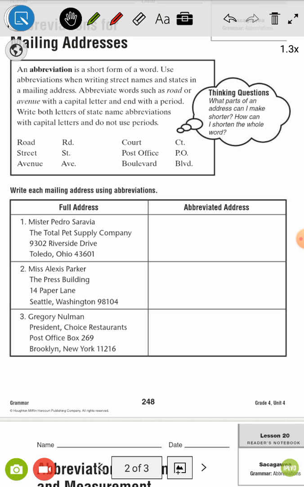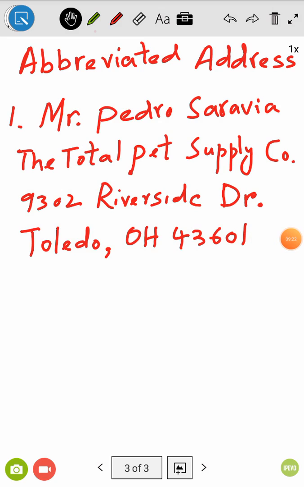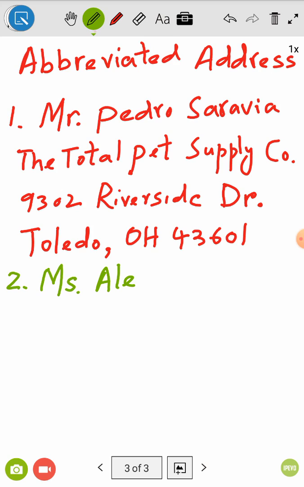Okay, number two is Miss Alexis Parker, the Press Building, 14 Paper Lane, Seattle, Washington 98104. It's her address. Let's try to write down her address in abbreviated form. Number two, it's Miss Alexis. So M will be capital, s will be small, with a period. Alexis, the name will be as it is.